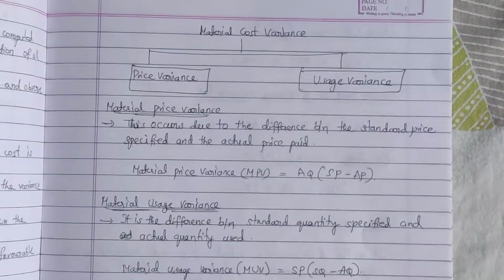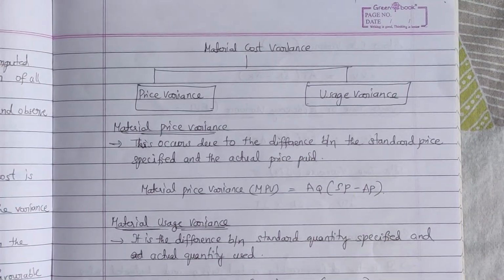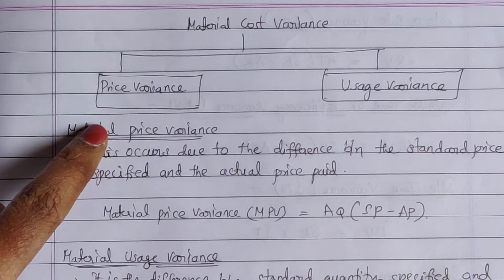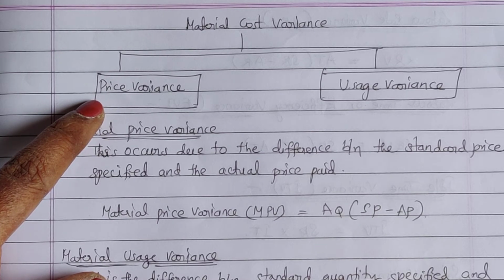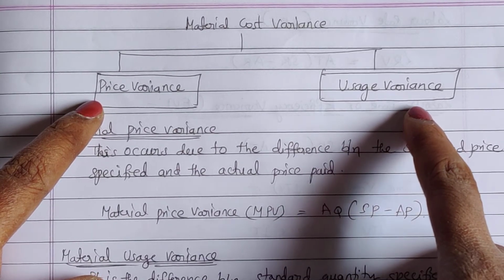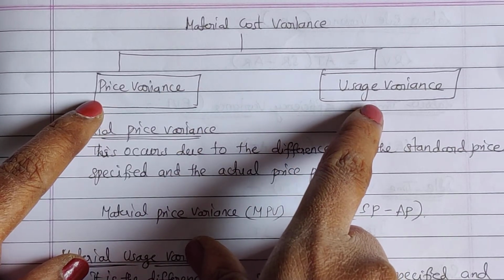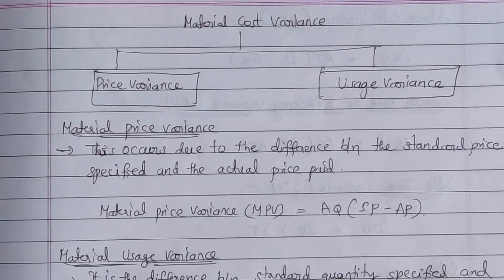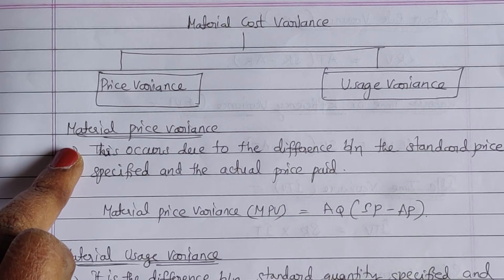So in order to get the variances, we have 2 reasons. One is price variance and the other one is usage variance. Material price variance and material usage variance. First we will discuss material price variance.